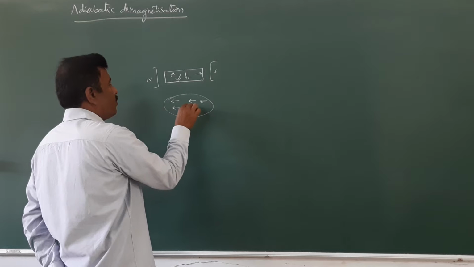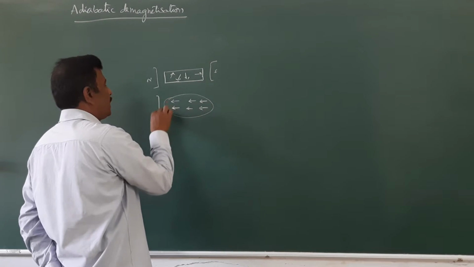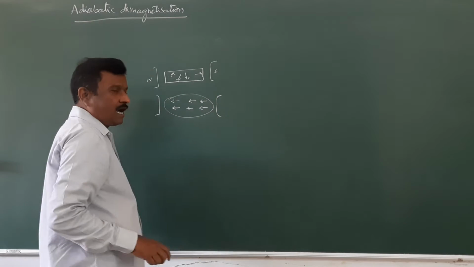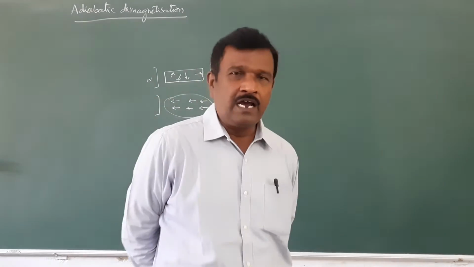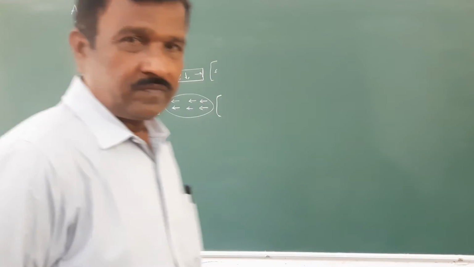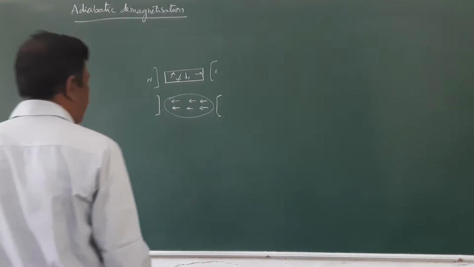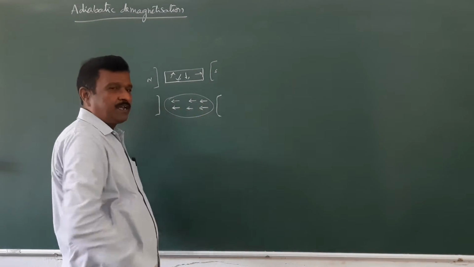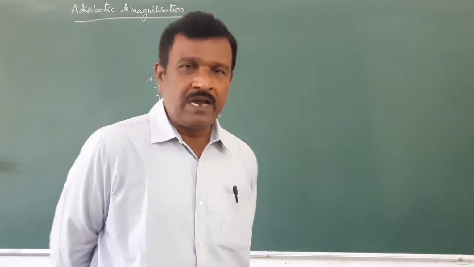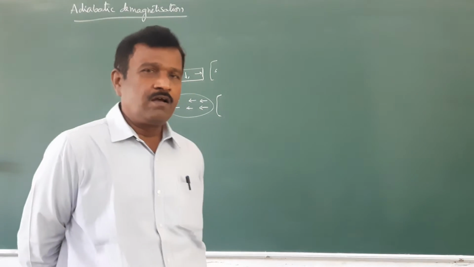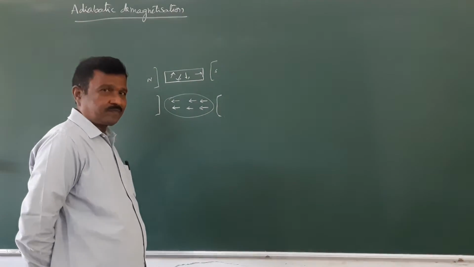Their orientation will be along a particular direction, and that phenomenon is called magnetization. The phenomenon of bringing atomic magnets in the direction of the magnetic field is called magnetization.